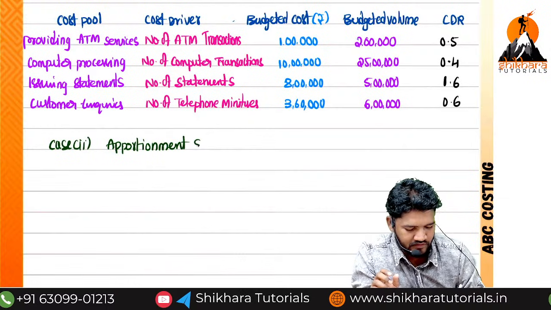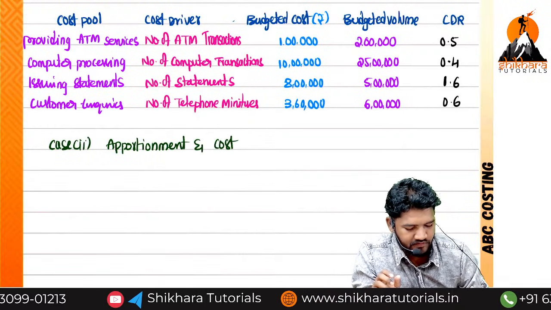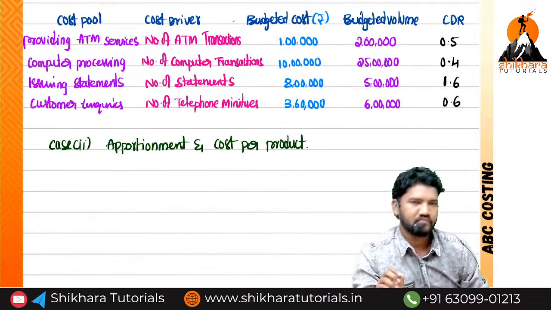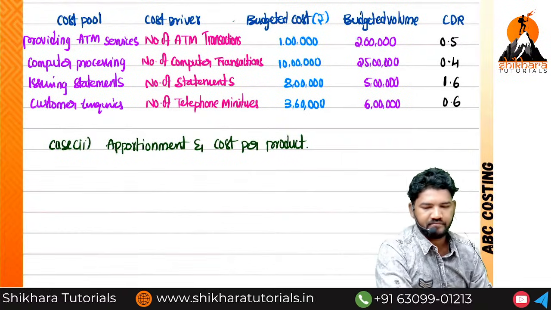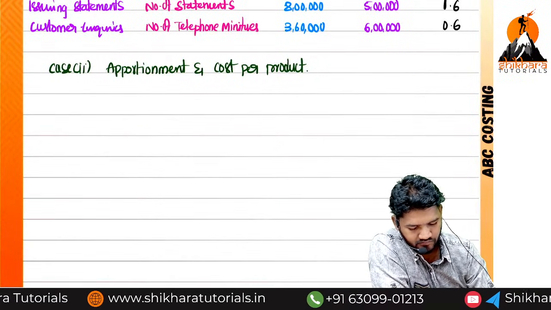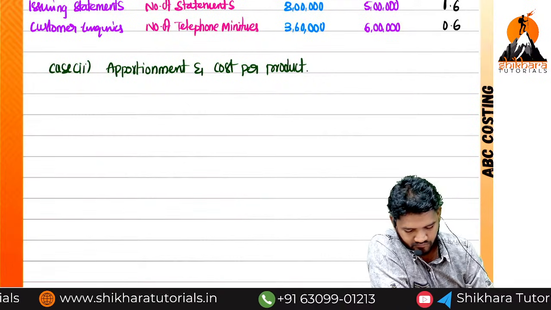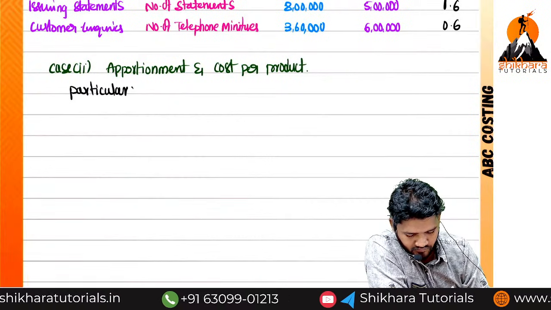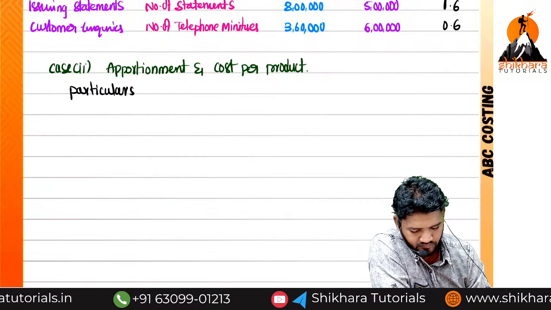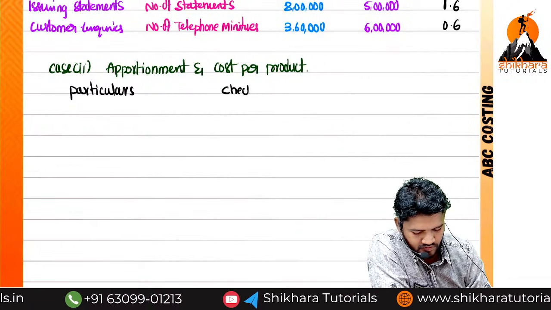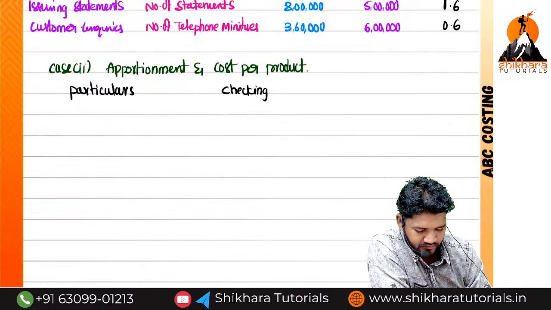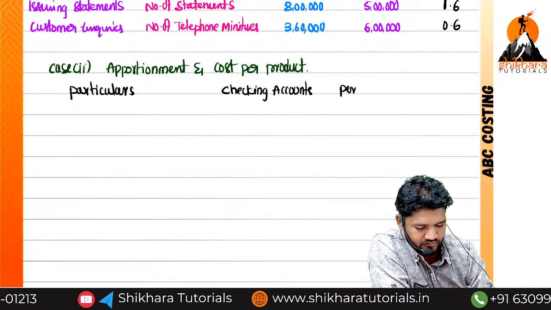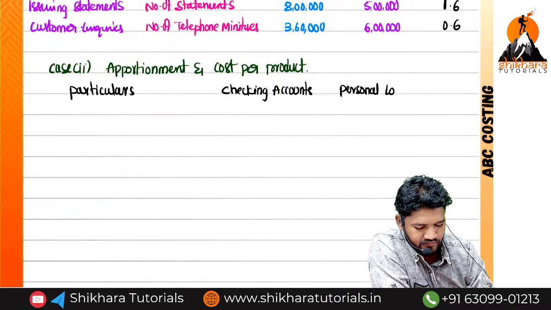What about case 2? Apportionment and cost per product. What are the products we have? Checking accounts. Next. Next, Gold.